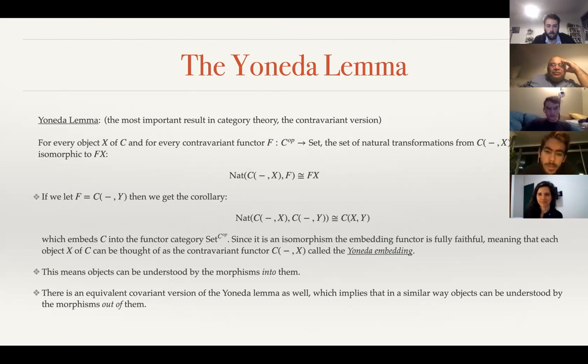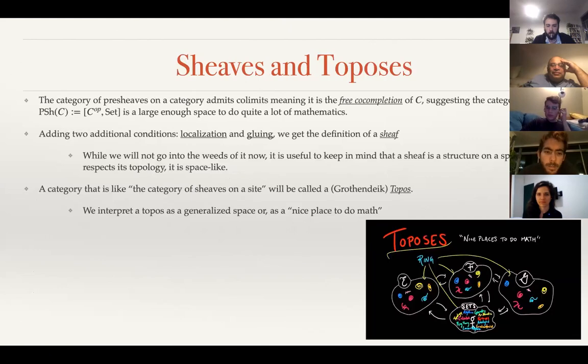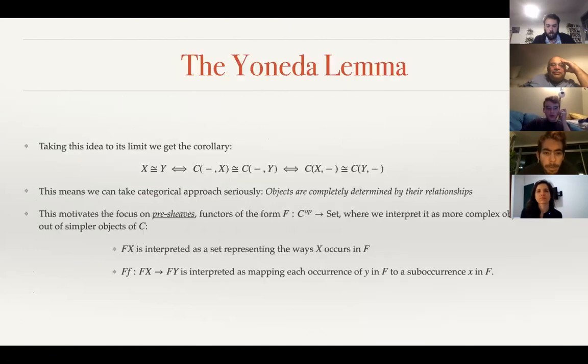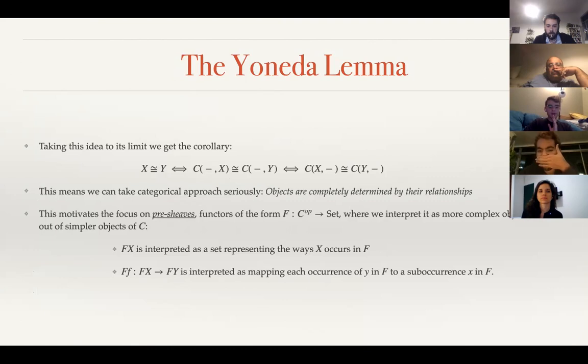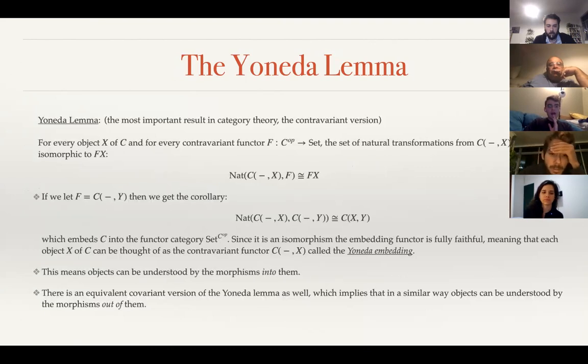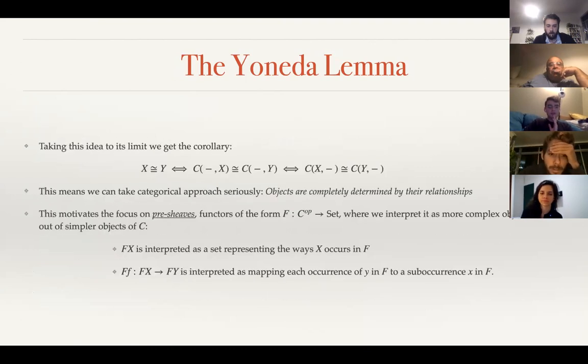There you go. Oh, I skipped a page. Here we go. So if we take this even farther, we have this isomorphism, which we compare to here. This is really the punchline.